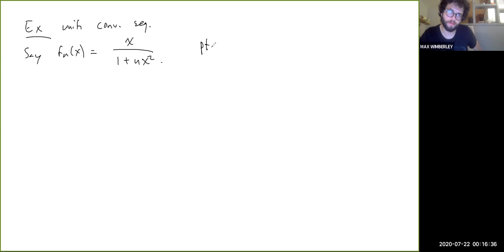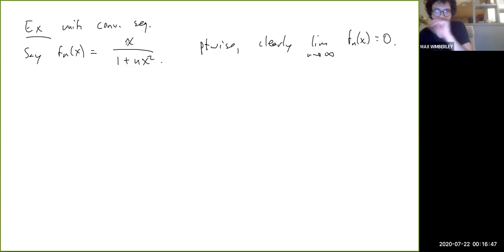Pointwise, clearly the limit as n approaches infinity of f_n of x equals 0, because if you imagine x being a constant and n approaching infinity. Also, for x in R.